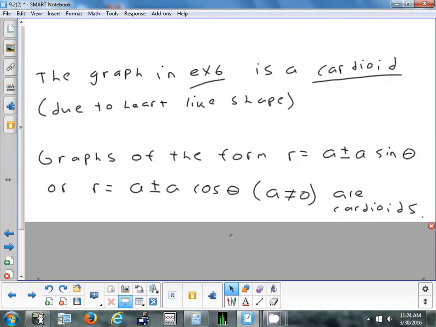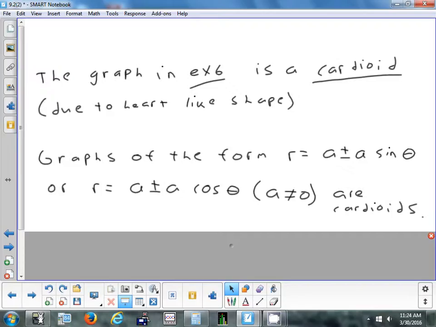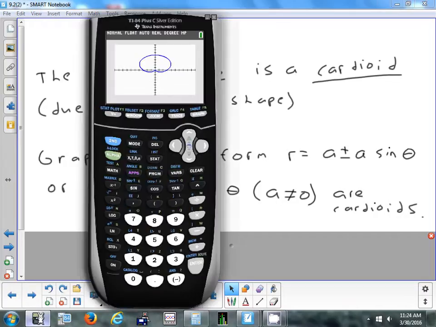So anything of that form, if you put in a number plus or minus the same number sine theta, or a number plus or minus the same number cosine theta, as long as you don't use 0, you get a cardioid. Now, interesting things happen if you make these numbers different. To be a cardioid, they have to be the same. But if you make one of them different, like make this a 5, watch what starts to happen.